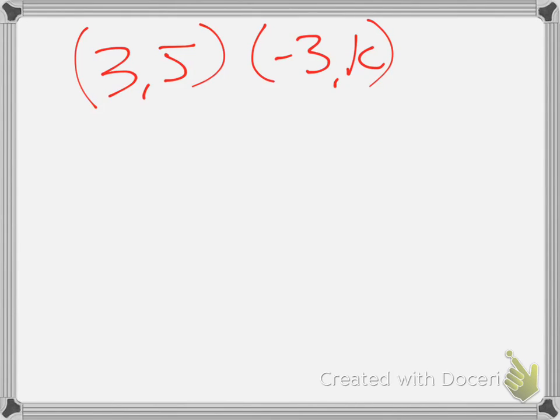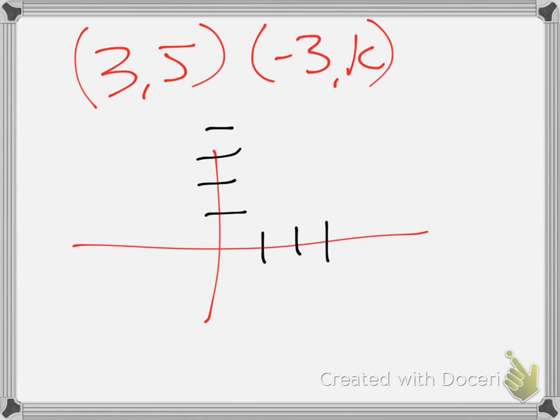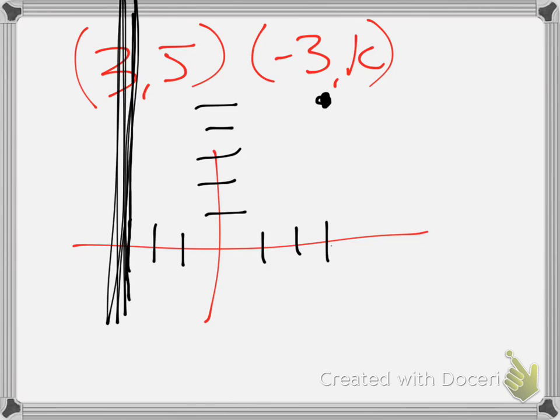You don't have to do this, just imagine. You have a point right here, and then we have some point over here along this line, and we want the distance to be 10.